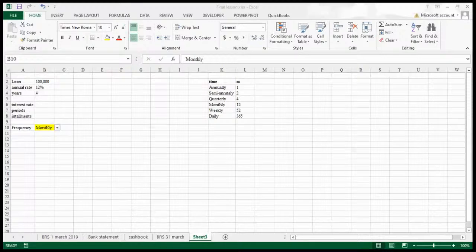So place your cursor in front of frequency. Go to data validation, again data validation, under allow pick list, then under source go and highlight those periods: annually, semi-annually, quarterly, up to daily, then you say okay.